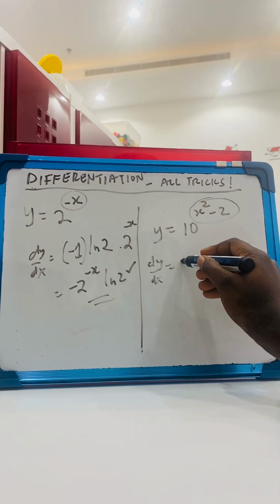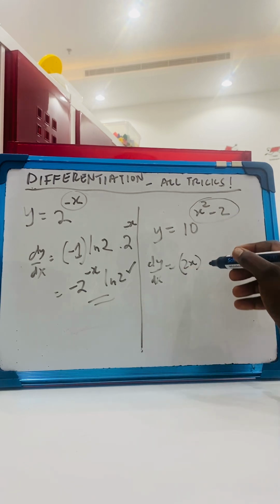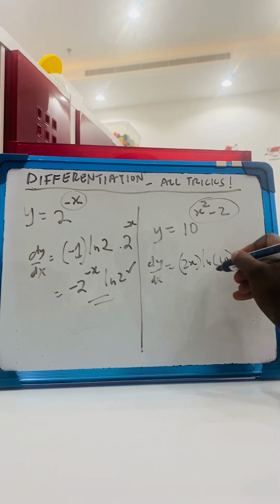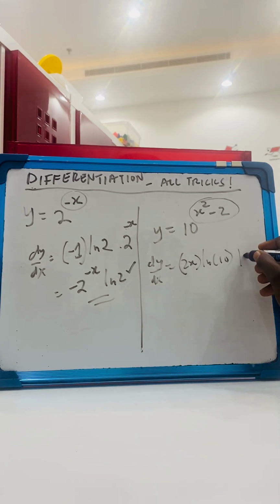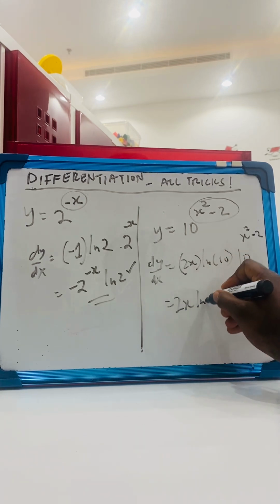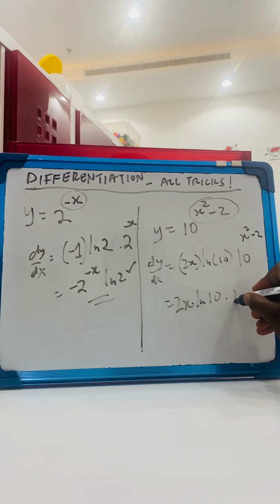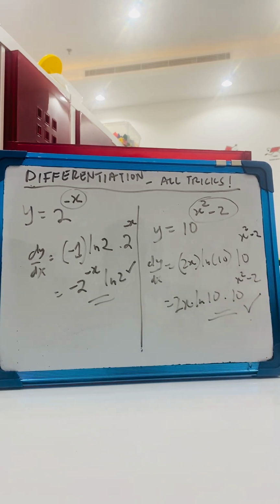If I derive this, I have 2x, with log of the base, ln of 10, and keep the function 10 to the x squared minus 2. So my answer is 2x ln 10, then 10 to the x squared minus 2. Let's take more examples.